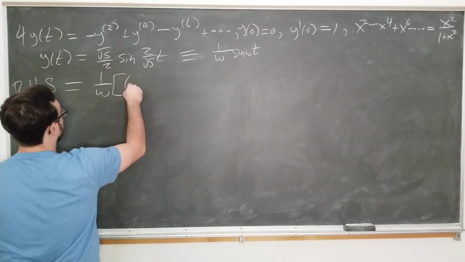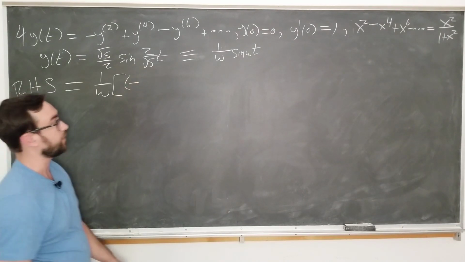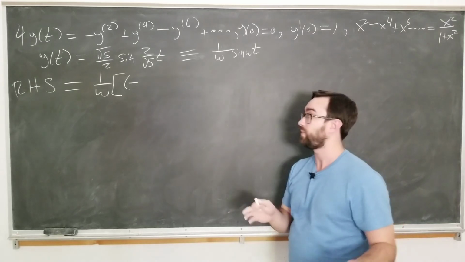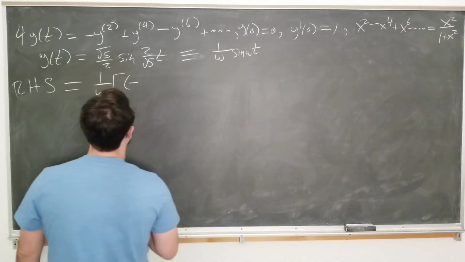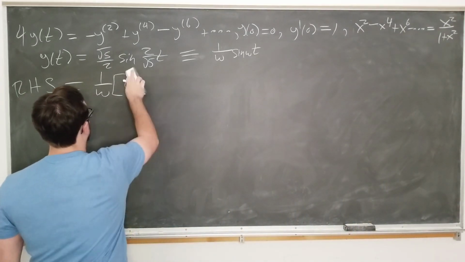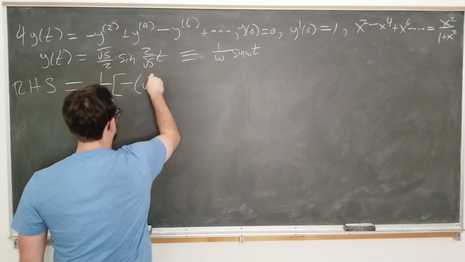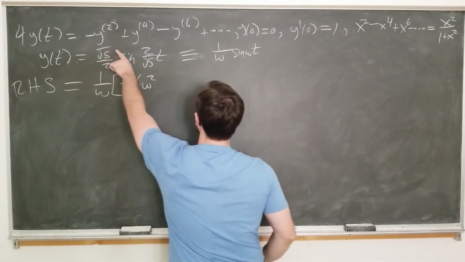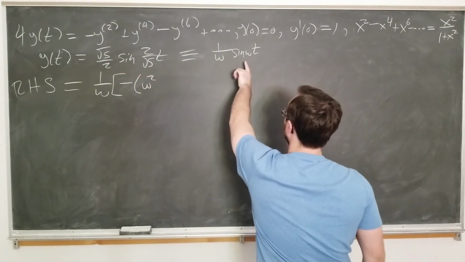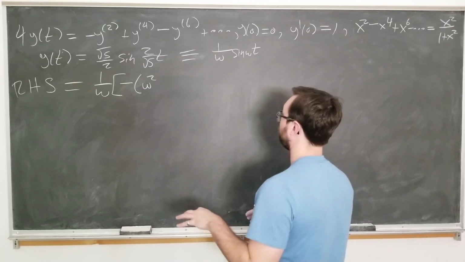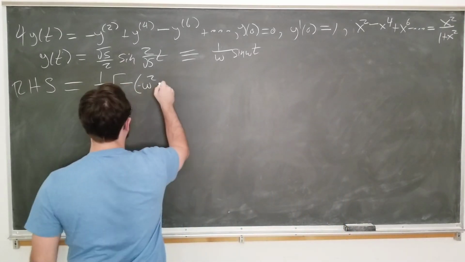It's actually minus the second derivative. Each derivative brings in a power of omega. So this brought down 2 powers of omega, and for the first derivative, sine goes to cosine. Second derivative, cosine goes to minus sine.